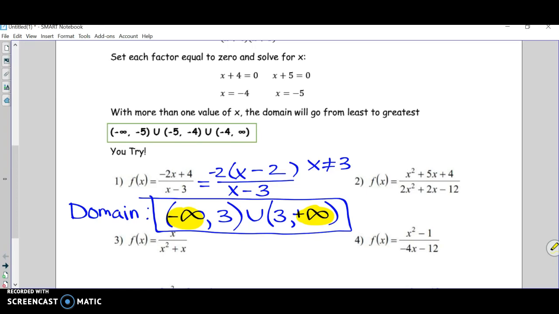And your stops, I like to call it my domain train. My stops are whenever I hit my domain restrictions, okay? So you always start here, end here, and this is going to be my domain restriction, okay?